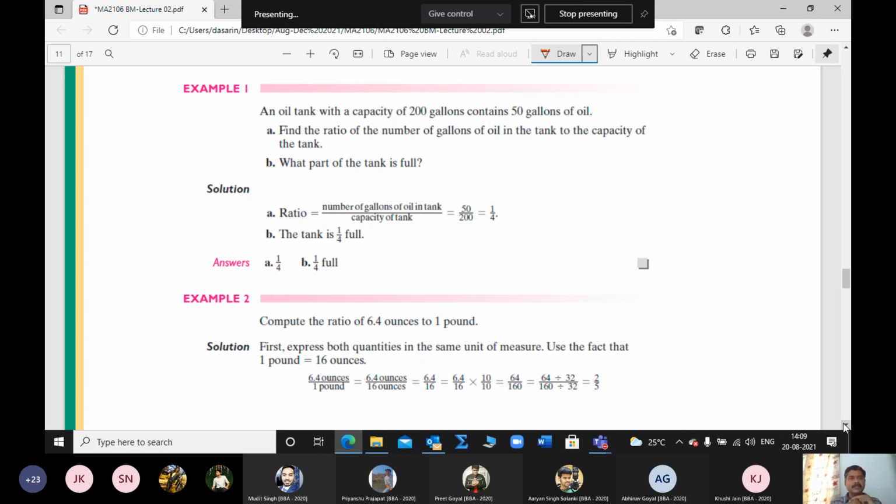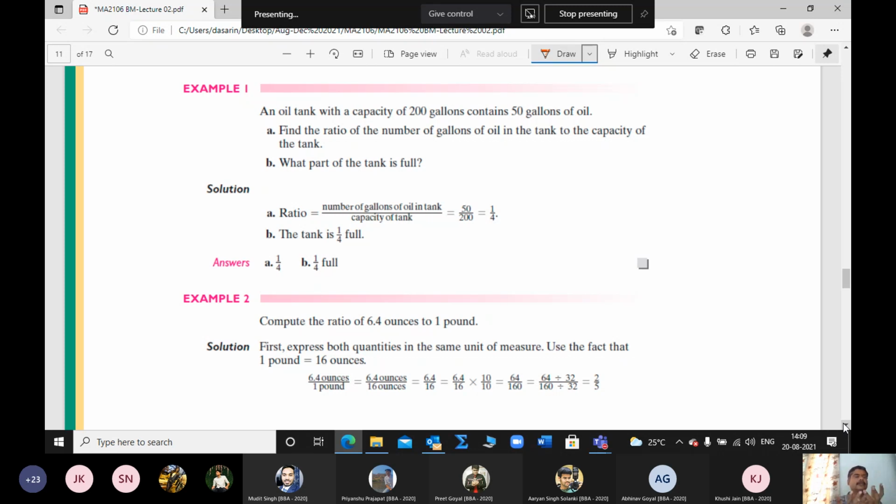What we want to calculate over here: find the ratio of the number of gallons of oil in the tank to the capacity of the tank. The capacity of the tank always comes in the denominator.